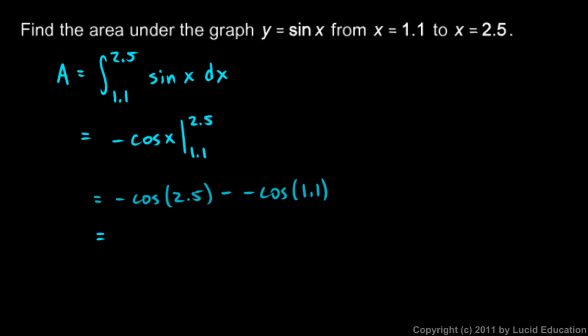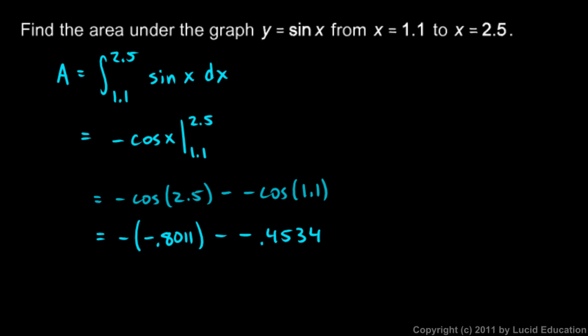Okay, on the calculator, the cosine of 2.5 is negative, so we have negative 0.8011, and I get that number just from doing cosine of 2.5 on the calculator, minus negative cosine of 1.1, and the cosine of 1.1 is positive 0.4534.